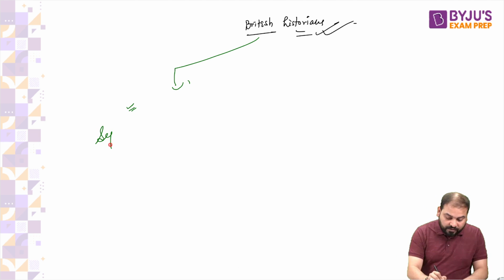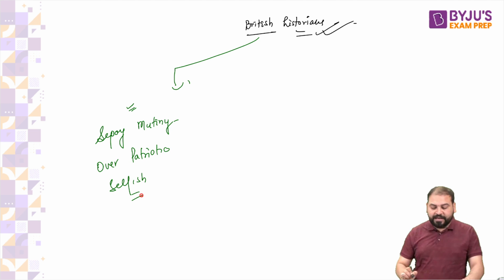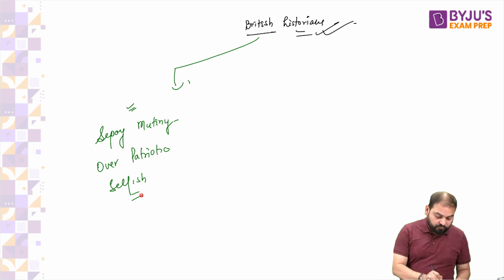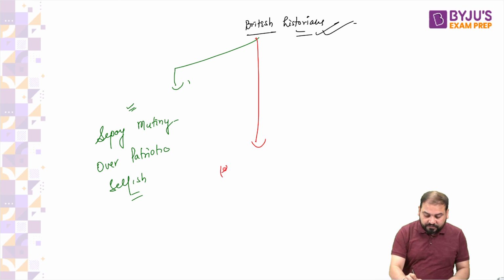Somebody called it nothing but the Sepoy Mutiny, where some over-patriotic, selfish people came and revolted. Somebody else said this is nothing but a Hindu-Muslim conspiracy.